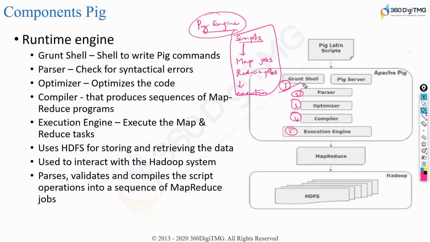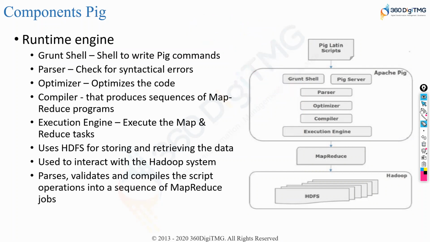Grunt shell is the command line interface where you write these scripts. We call them Pig Latin scripts. These scripts will be written in an interactive medium, and for Apache Pig, this interactive medium is called the Grunt shell.